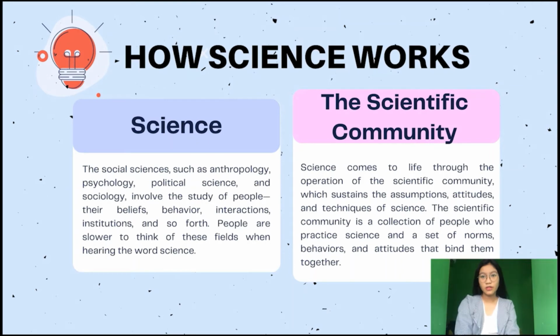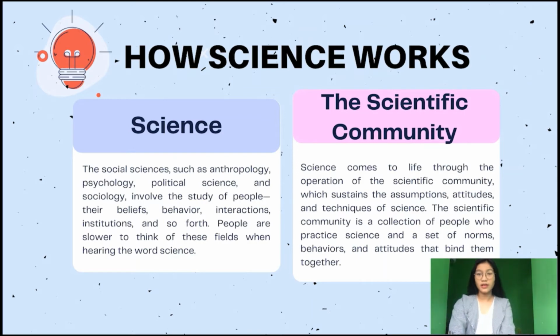How science works. Social research builds on some aspects of the alternative ways of knowing, but it differs because social research relies on science. It embraces a scientific worldview and follows the scientific process to create and evaluate knowledge. Science.